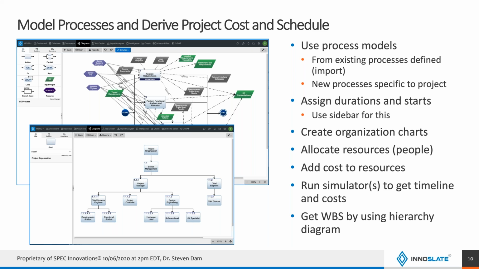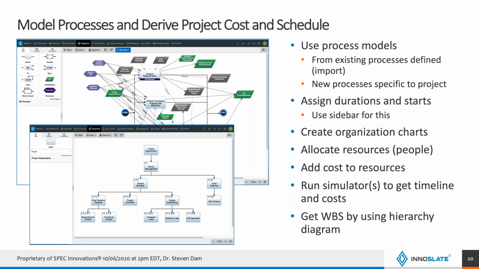Deming was very big on statistical process analysis and control, also process development. And all that was about, understand what your processes were, model them, simulate them, try to derive from them then your cost and schedule.